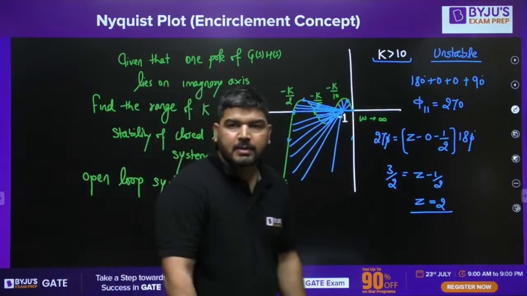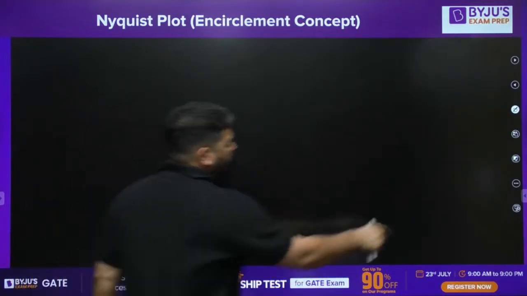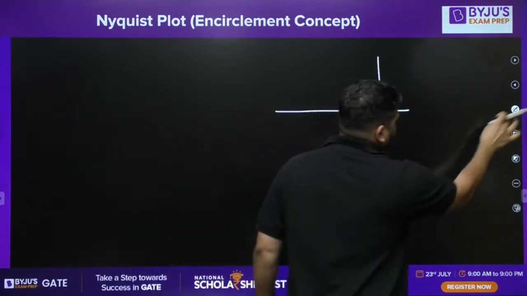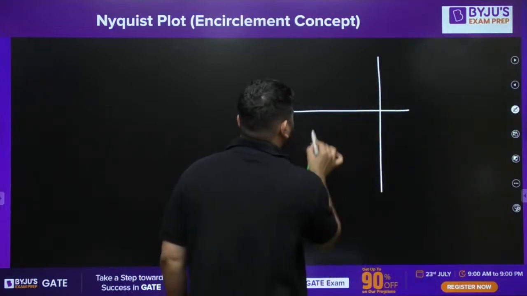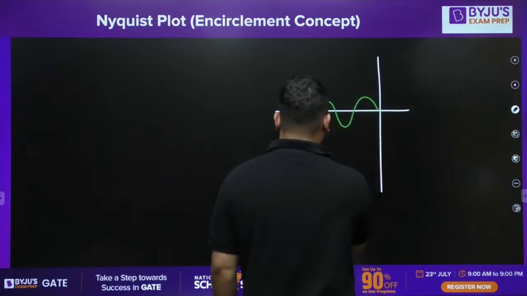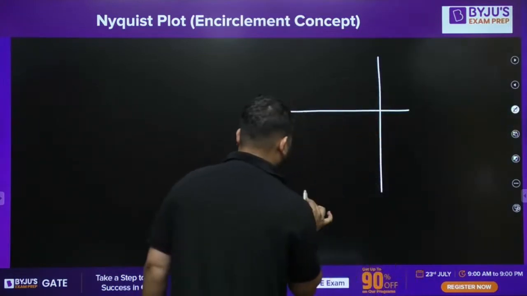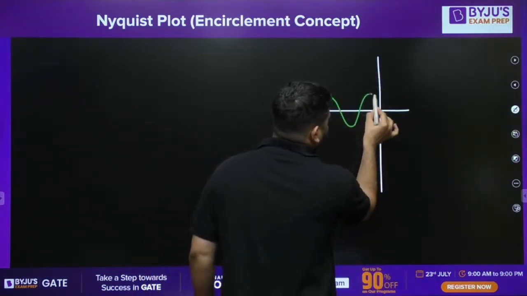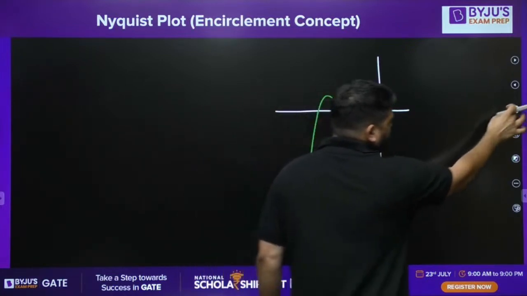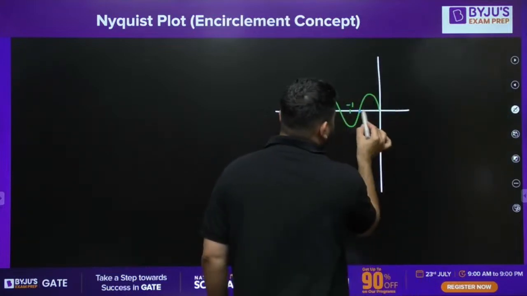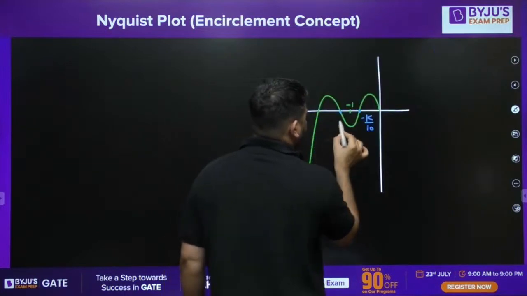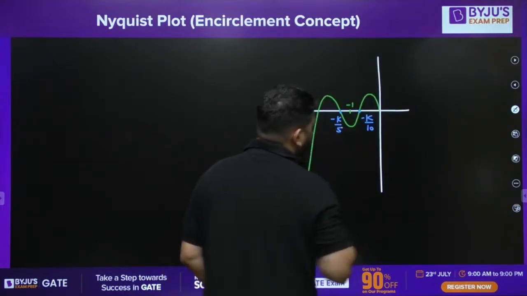Now let's take the second case. Let me draw the polar plot again. So this is the polar plot. Now I'm assuming that -1 is lying here. This point is -K by 10, and this point was -K by 5.